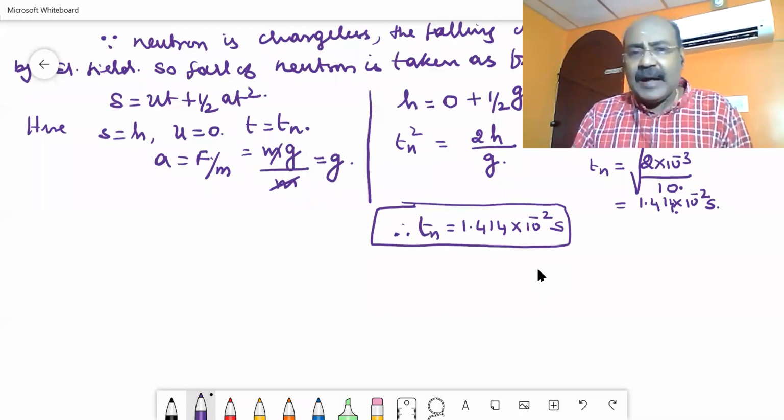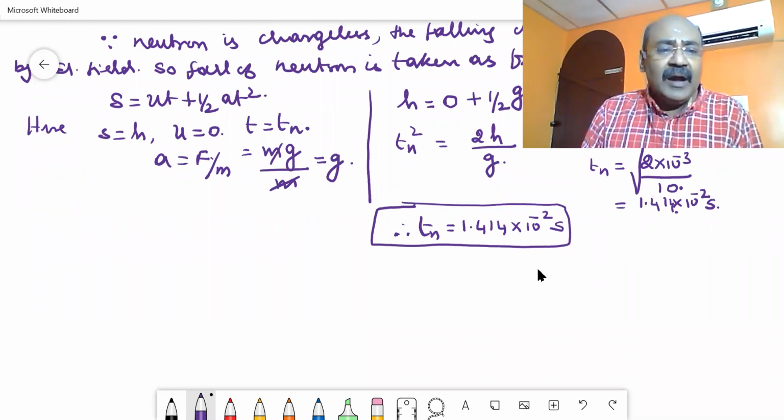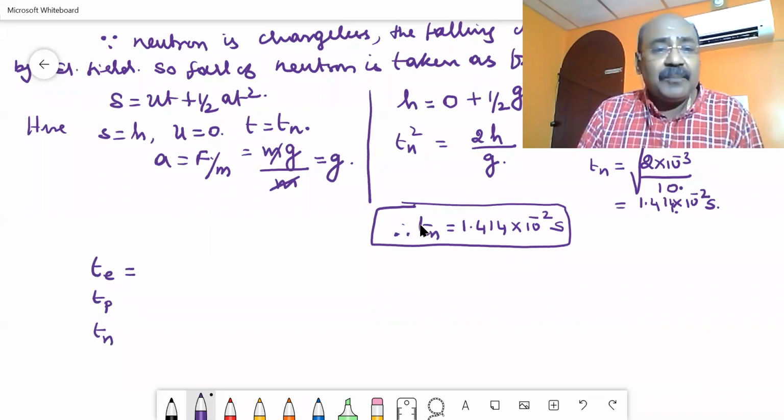From the above results, we have calculated the time of flight for electron, proton, and neutron. Time of flight for electron is 1.5 nanoseconds.